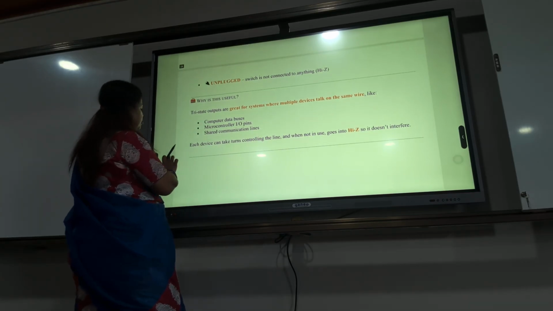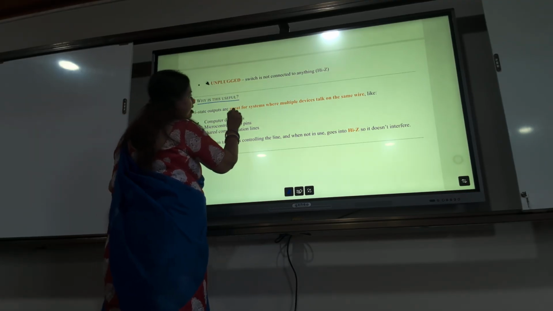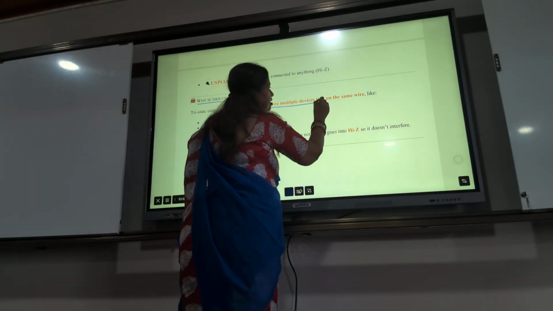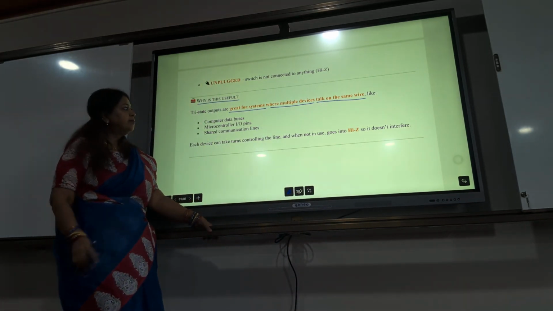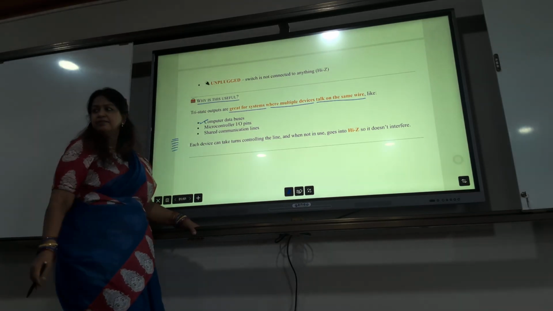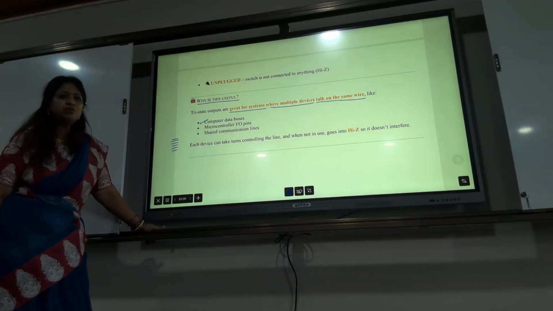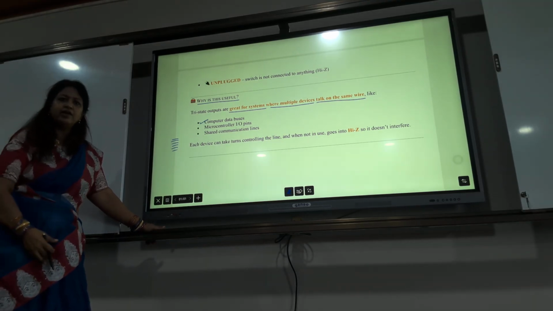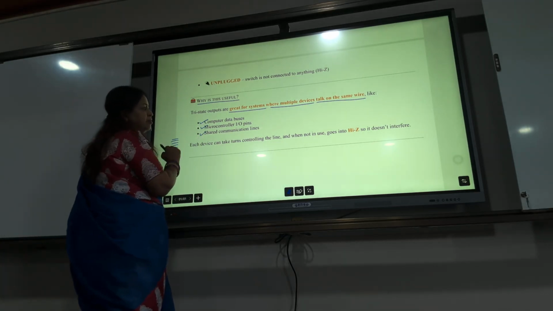So why is this useful? Where will you be using this? This is great for systems where multiple devices talk on the same wire. In computer data buses, you will have a number of data lines, so multiple devices will be interacting with signals. In a microcontroller, the output is on shared communication lines.